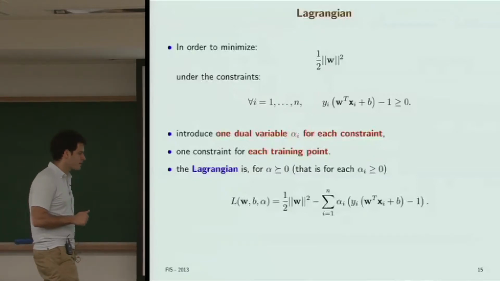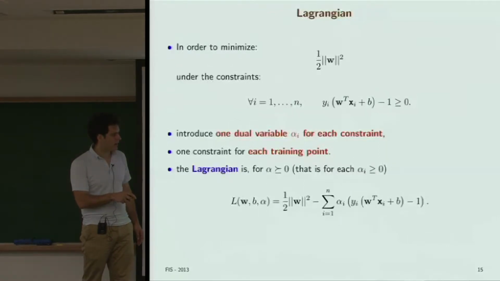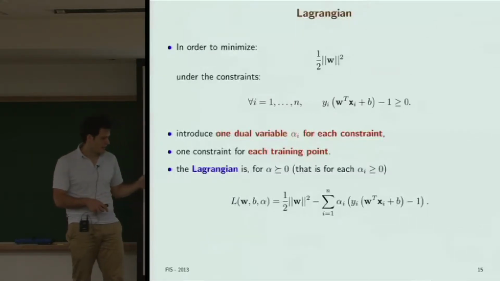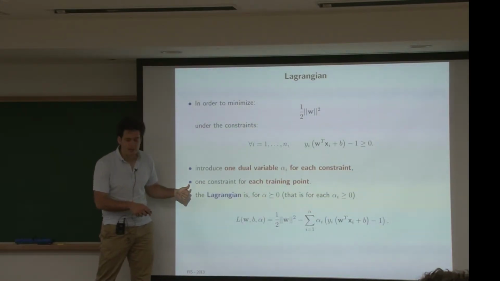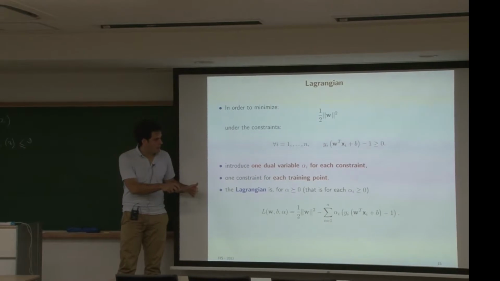Okay? So what happens when (W transpose xi plus b) times yi minus 1 is positive? Well, remember that each alpha i here is non-negative. So basically when the constraint number i is satisfied, here we have a negative term that appears. Since we will be interested in minimizing this quantity, you can already start seeing that those parts of the objective are trying to go with the idea that W satisfies the constraint.